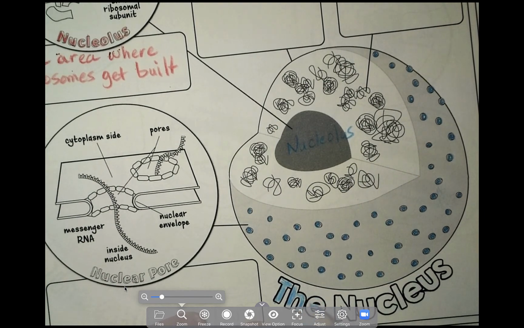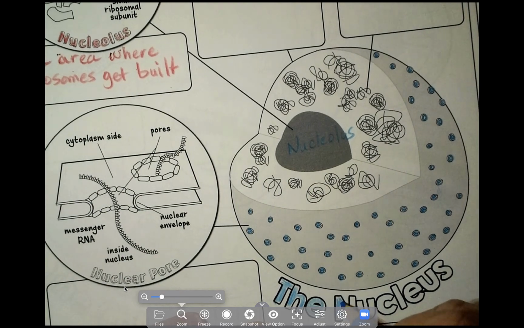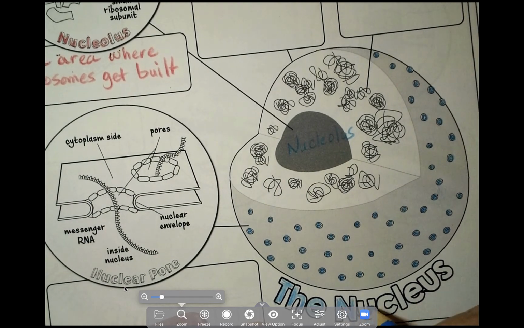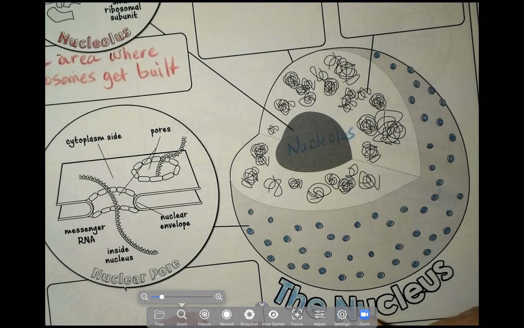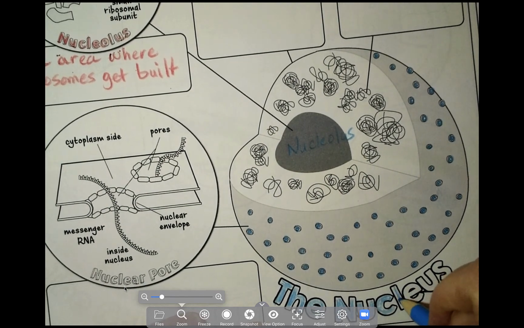The thing is, the nucleus, along with a lot of the different components of eukaryotic cells, are membrane-bound organelles, which means they all have their own membrane. Well, why is something like that important? Why would it be important for the nucleus to be membrane-bound?